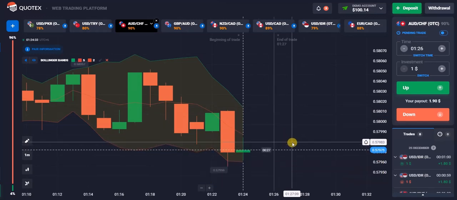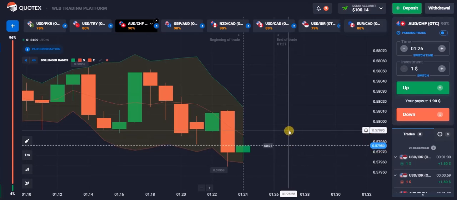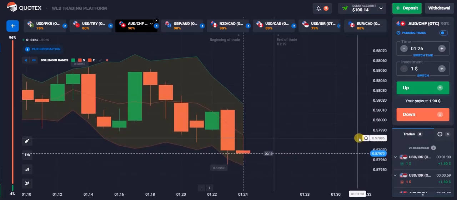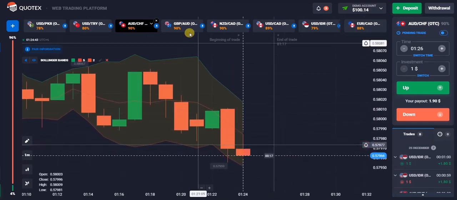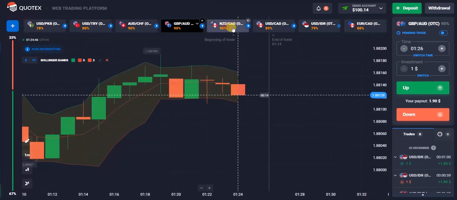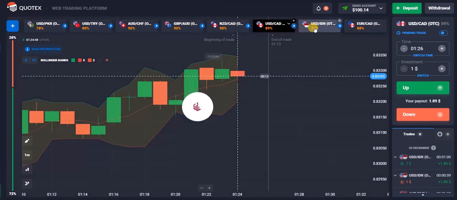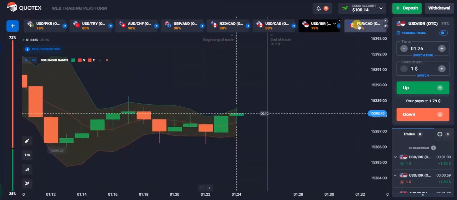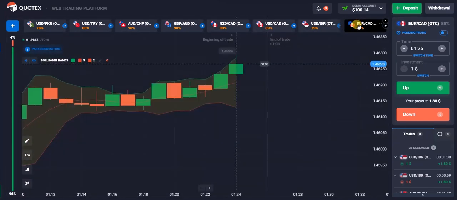The candle needs to be a green one and also a healthier candle, not a doji, not a hammer, not a pin bar. Let's go. No, no, no.